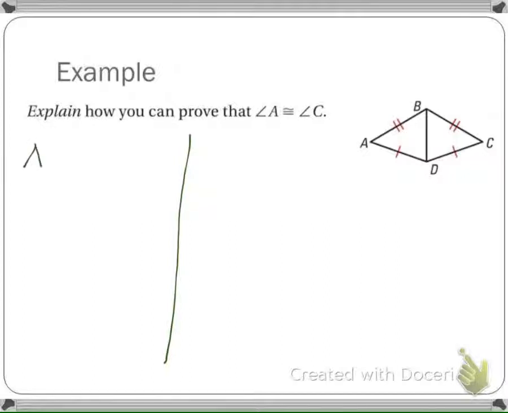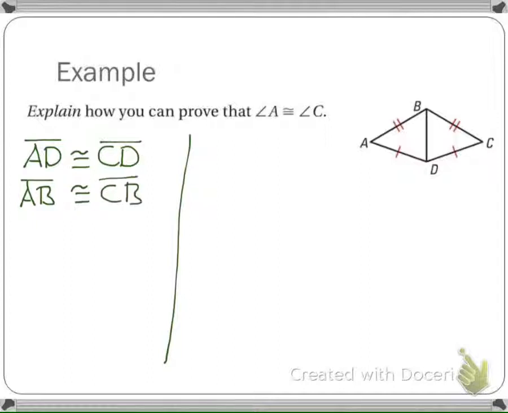So I know that AD is congruent to CD, and AB is congruent to CB. These are both given. Now I also have a reflexive there. That's BD is congruent to itself, and it's in both triangles.